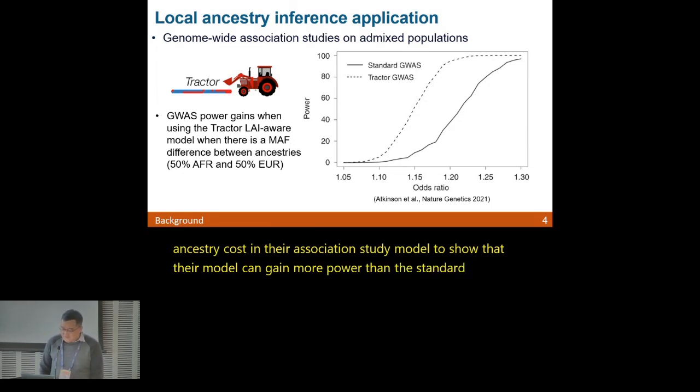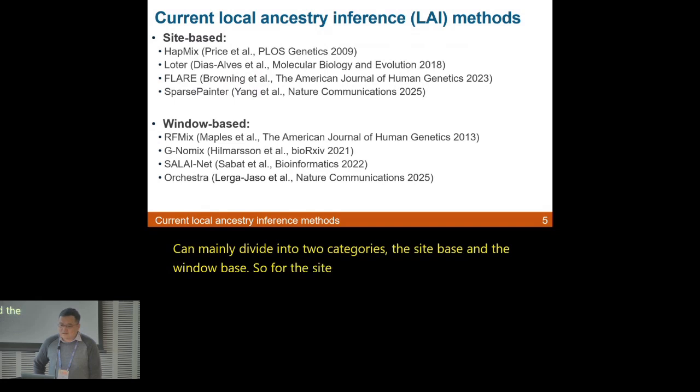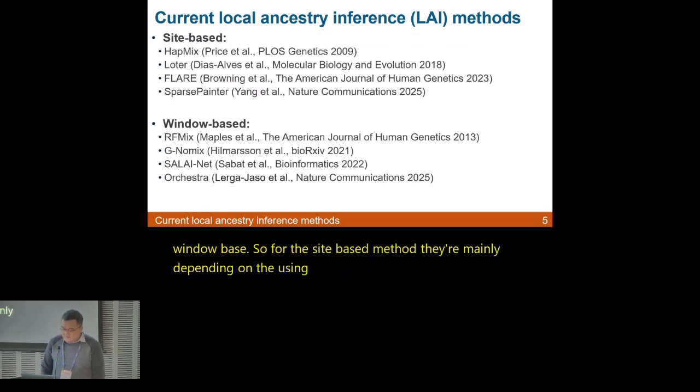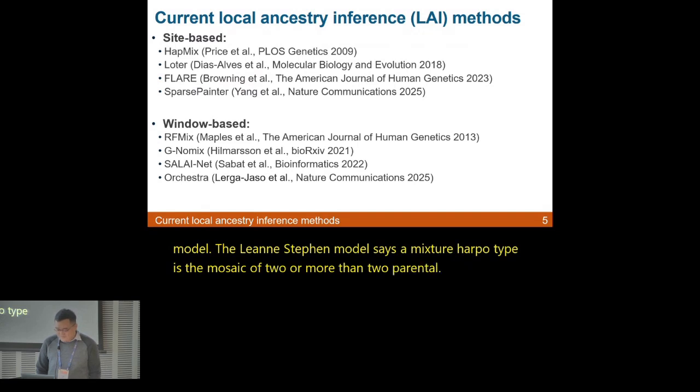Many local ancestry inference methods have been developed in the past years, and they can mainly be divided into two categories, site-based and window-based. Site-based methods mainly depend on the Li and Stephens hidden Markov model. The Li and Stephens model says the mixed haplotype is a mosaic of two or more parental or ancestral haplotypes.